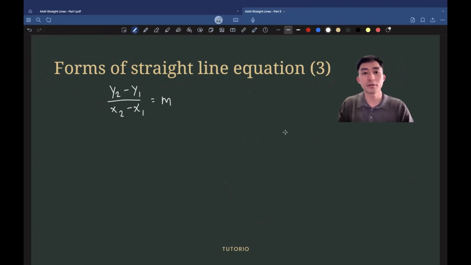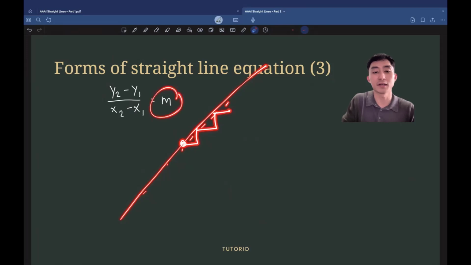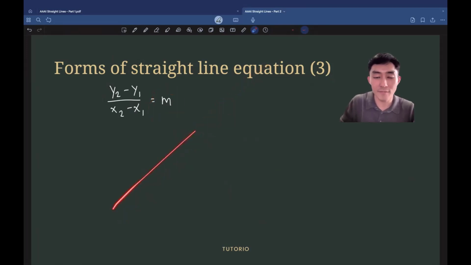Because we want basically infinite points in order to create a line, we can just pick a point, and as long as the other point moves in the movement of m, we can have that line.